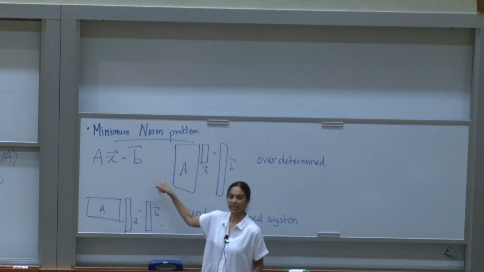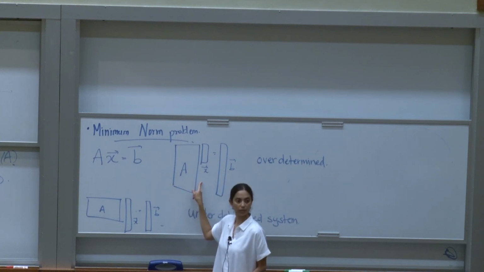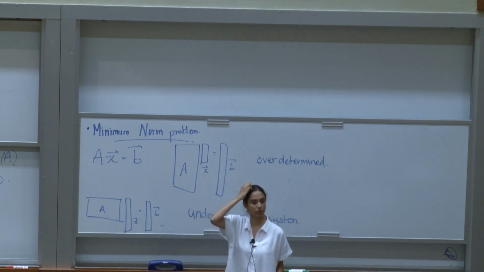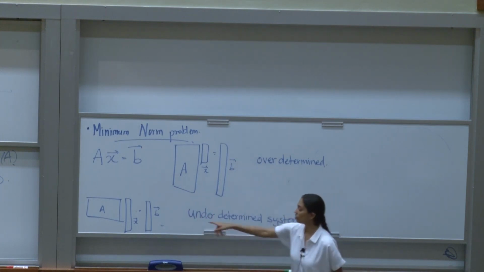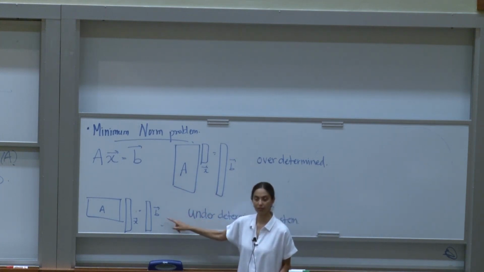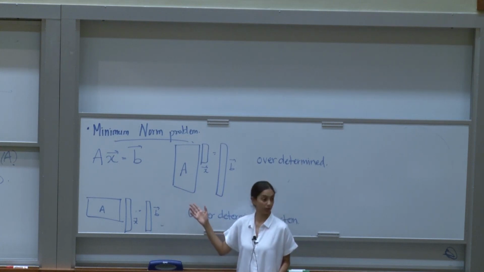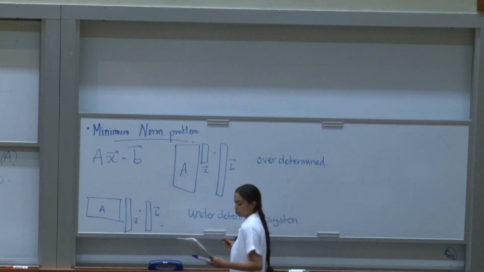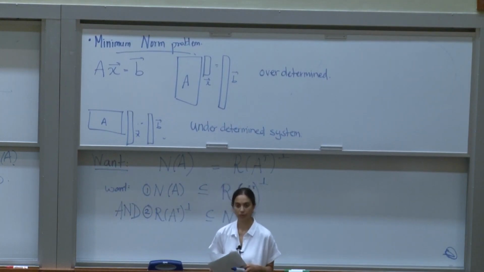Here, the number of exact solutions in general is going to be 0, right? Because you have too many equations, you're not going to find a vector x that satisfies all of them. Here, when I have fewer equations than I have unknowns, how many solutions to the unknown x do I have? In general, I have an infinite number of solutions, right? So how do I pick one in particular?